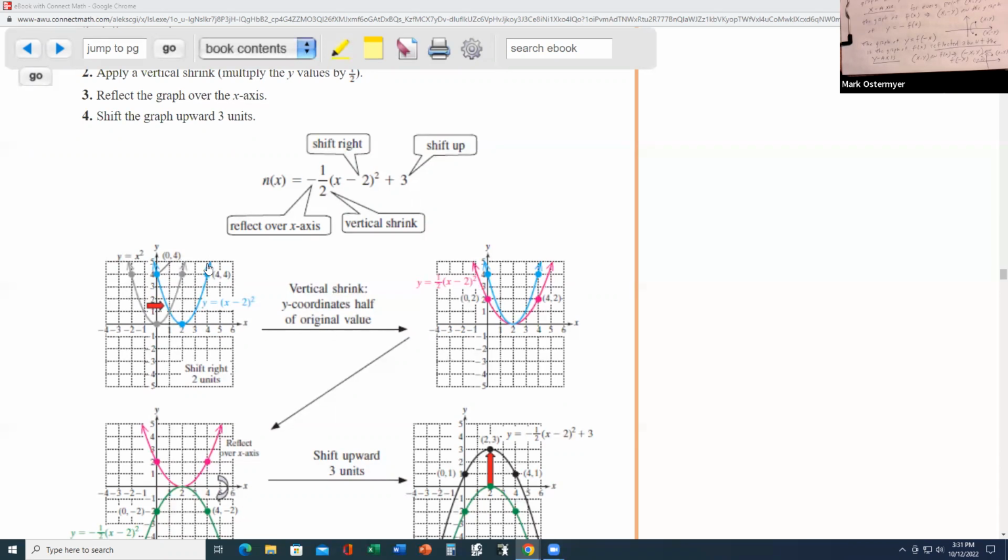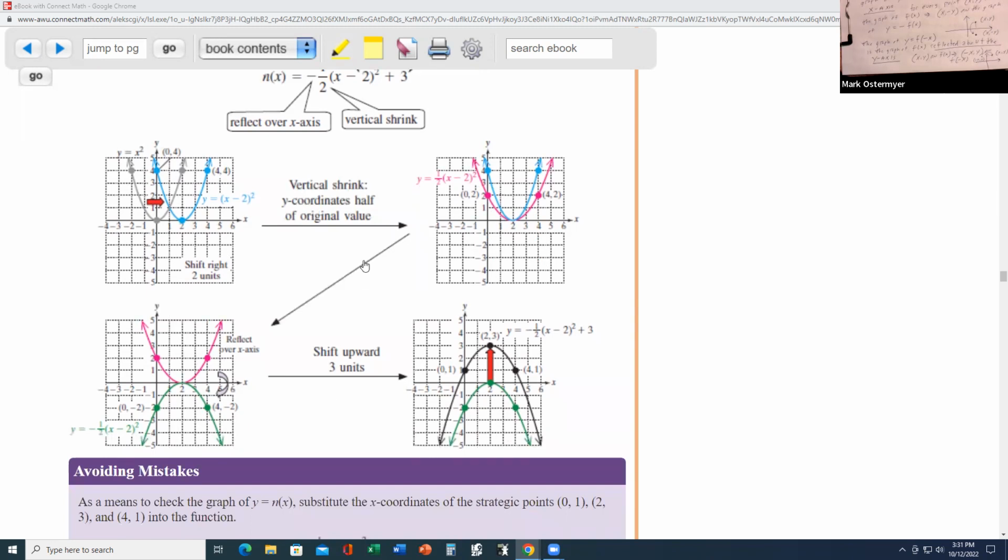That causes the blue graph to experience a vertical shrinking. So this blue graph is compressed down closer to the x-axis. In other words, the y coordinates of all points on the blue graph have been halved. And that's why you now have this red graph.